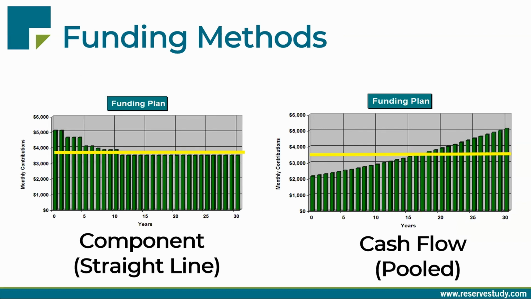So in either method, the same total amount goes into the reserves, but the cash flow method is and will always be a more efficient use of an association's reserves and will always be more favorable to the vast majority of associations in the country that find themselves at least somewhat underfunded. The cash flow method makes life in an underfunded association so much more palatable.